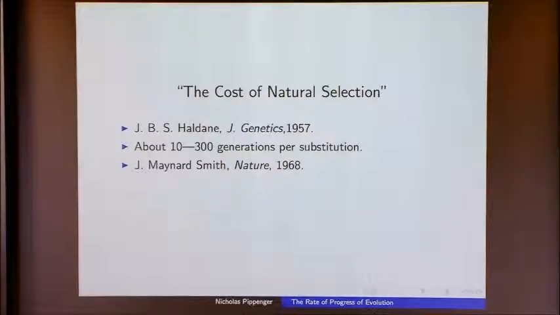I'm not going here to flog the horse of Haldane. There are many papers that point out erroneous or limited assumptions that he's making. I want to pick up on the idea in one of these papers by Maynard Smith, and it's this notion of truncation, which appeared this morning in Manfred's talk, and carry it to what I think is its logical conclusion, and get from it a lower bound.